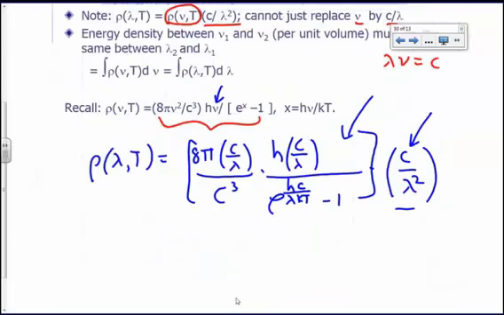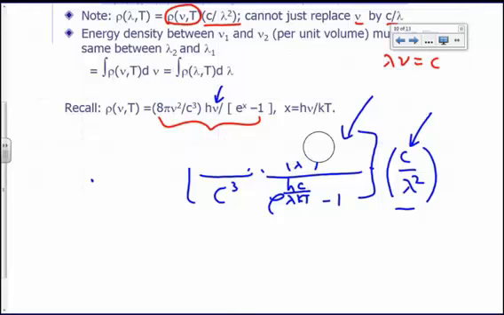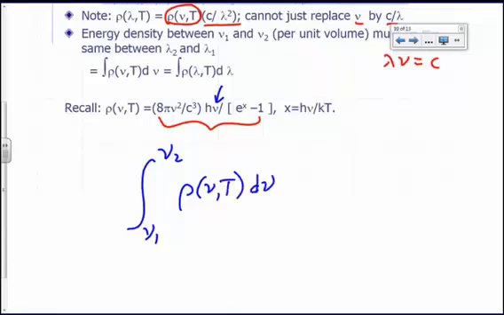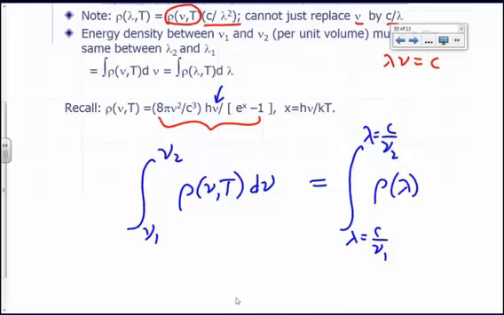You need to realize that the integral from nu1 to nu2 of rho of nu at a given temperature should be the same as the integral from lambda equals c over nu1 to lambda equals c over nu2 of rho of lambda at T d lambda, this expression right here.